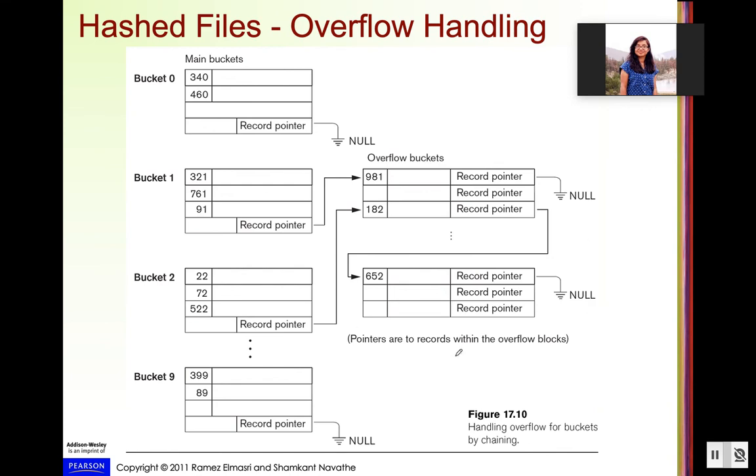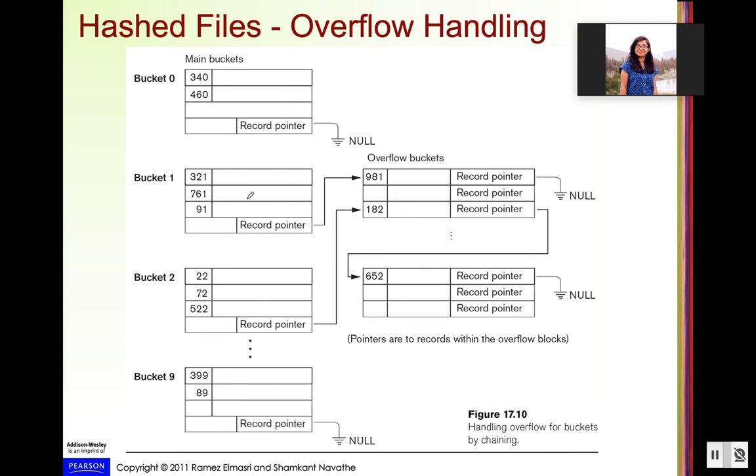This is the way we can handle the overflow of a bucket by chaining. You can see that at the end of each bucket there is a record pointer. For example, here this bucket is not pointing to any overflow bucket, but for bucket 1, after it's full, the record pointer is going to point to an overflow bucket.